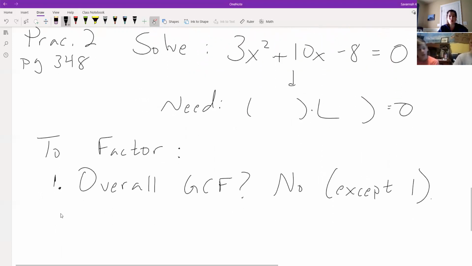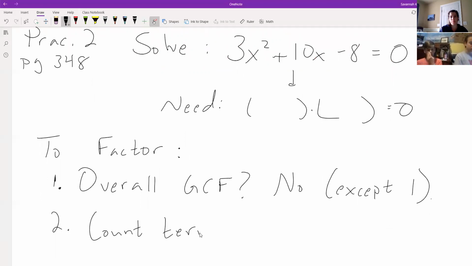So that means we can move on to the second step, which is counting those terms. Okay, so we are counting the terms and we come out with 3 terms. So 3 terms, that means what we want to try is that AC method.